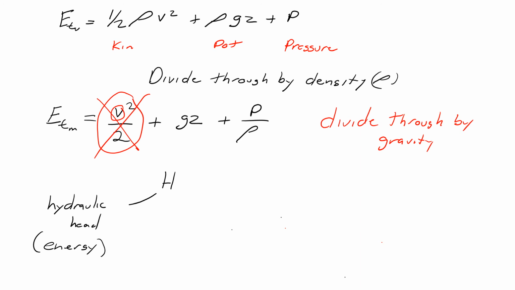It's simply a measure of energy. Get used to that term. You can use it the rest of the semester. Okay, if we ignore kinetic energy because the velocities are so small, if we divide our potential energy term by gravity, what do we get? Just Z. And what is Z? Just the elevation, okay? Plus P over density times gravity.